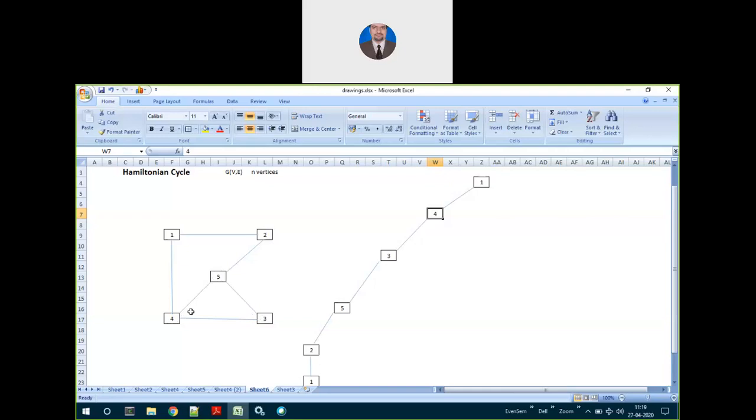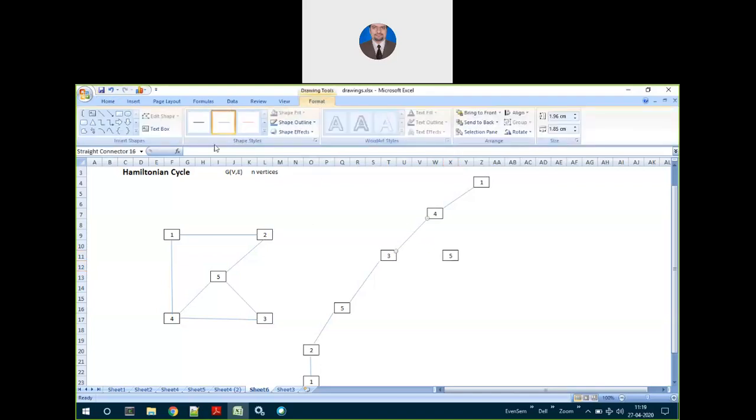There is one more possibility: from 4 to 5 we can go. So this time from 4 I will travel to the vertex 5. Vertex 5 over here. So let me join these two vertices. So 4 to 5 I can go. Now again from 5, since there are three edges, 4 is already covered.